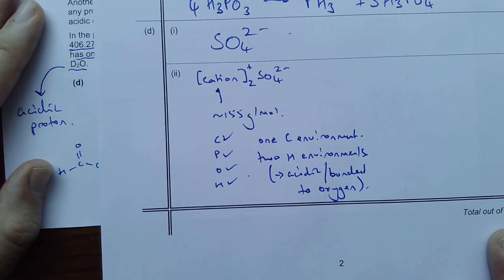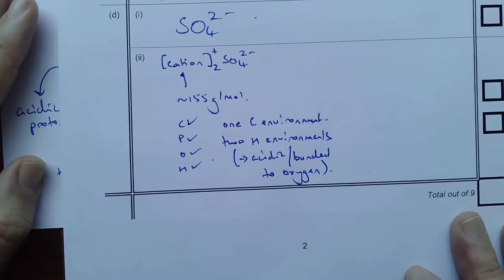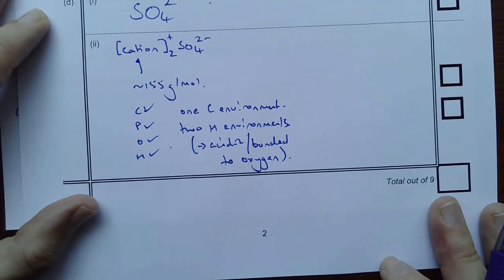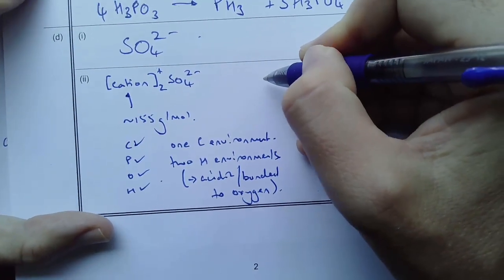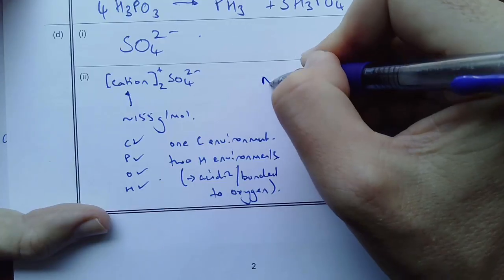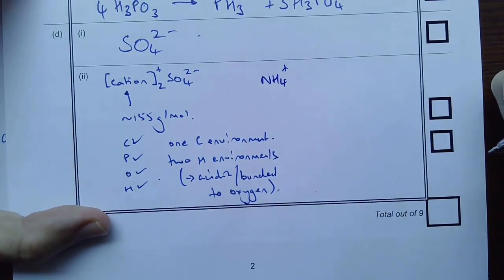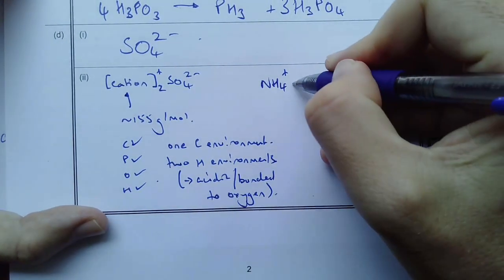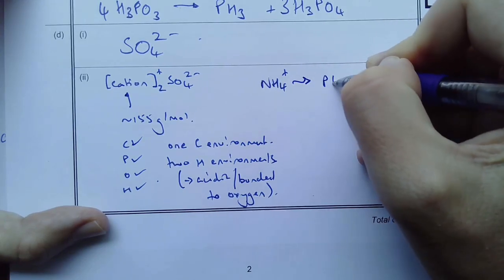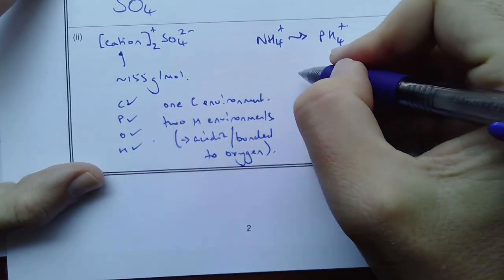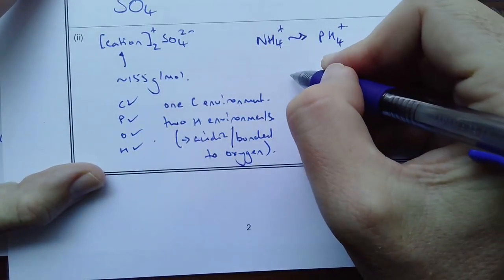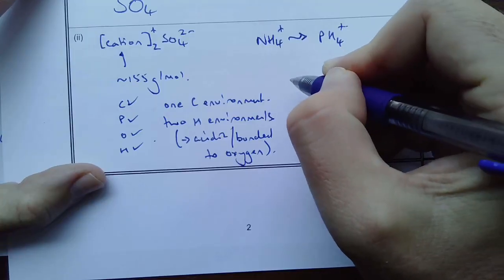So at this point, I start thinking, well, the most common positive cation you would learn in school would be NH4+. And from that, I can go to PH4+. I can start to think, well, what's my PH3 going to do when it reacts with the methanol?